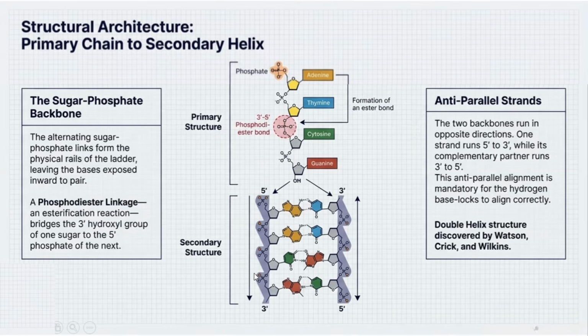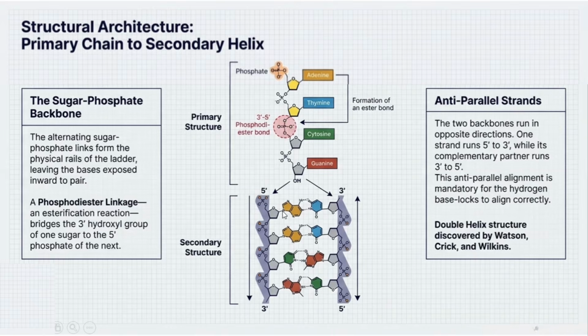We have one going in the 5' to the 3' direction, and one going from the 3' to the 5' direction. So it's anti-parallel. And what we have here, this is the sugar and these are the phosphates. This is forming the backbone. This is the sugar, the phosphate. This forms the backbone of the polynucleotide.